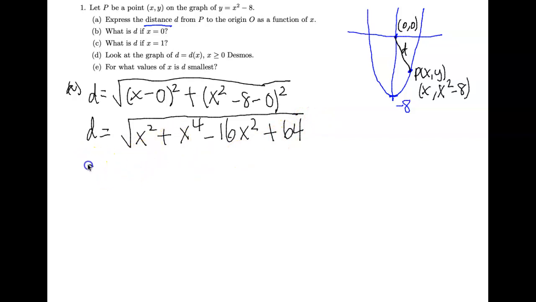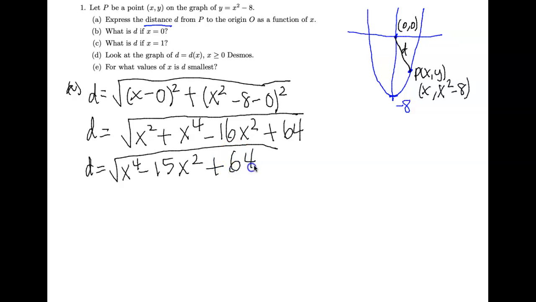I can combine like terms, and I'll get d equals, and let's put x to the 4th in front. So d is going to equal the square root of x to the 4th minus 15x squared plus 64. And so this is the function that represents the distance between the origin and any point on the curve.